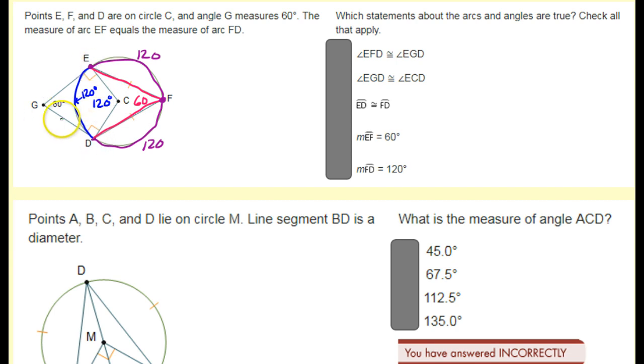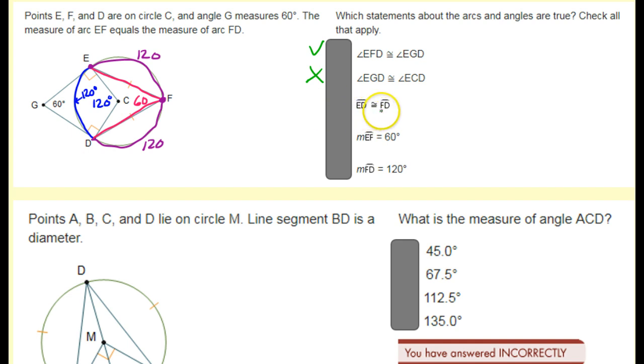EGD is also 60. So that's true. EGD is congruent to ECD. EGD is 60. What about ECD? ECD is 120. So those are not congruent.